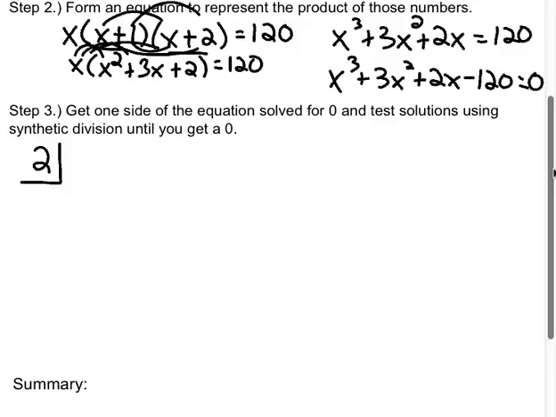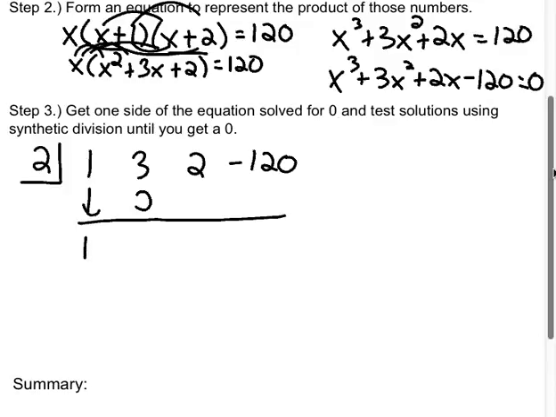So I'm going to guess maybe 2 is my first number, okay? Let's see if that works out. So I'm going to use synthetic division on this to see, is 2 my solution? Does 2 solve this polynomial?